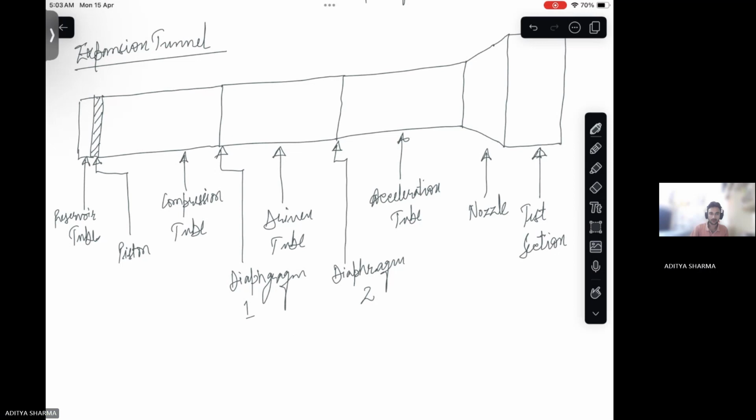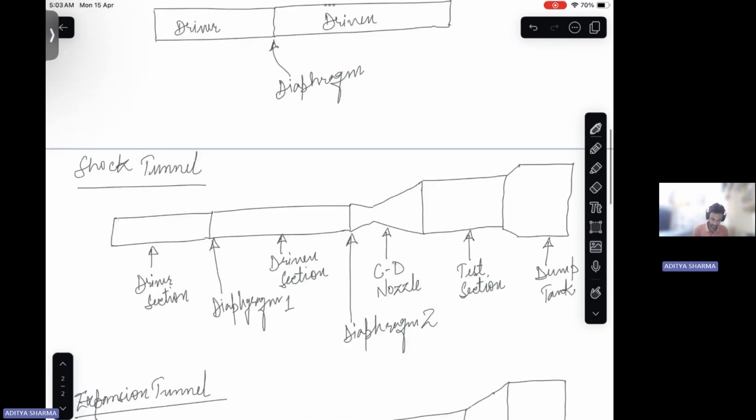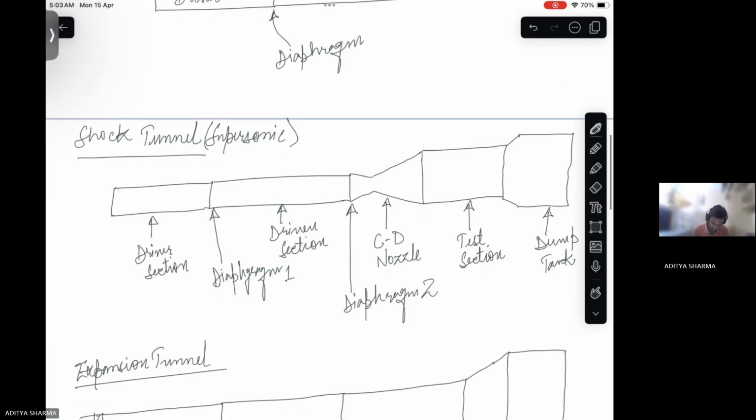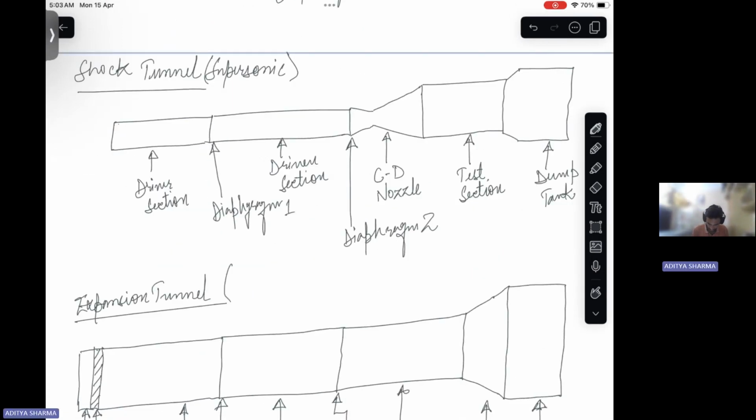So this setup is used to study hypervelocity flows.